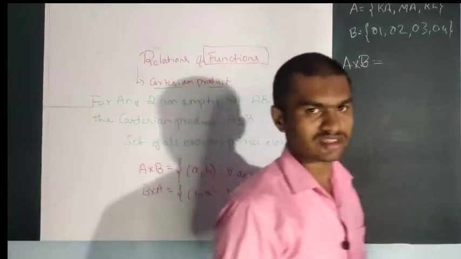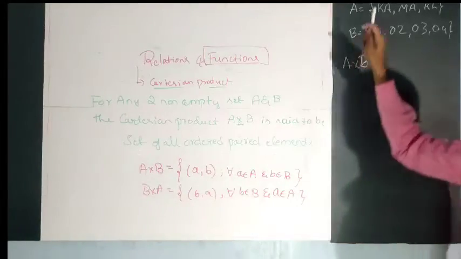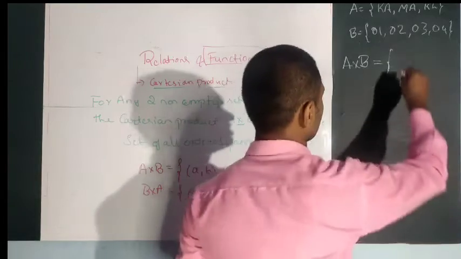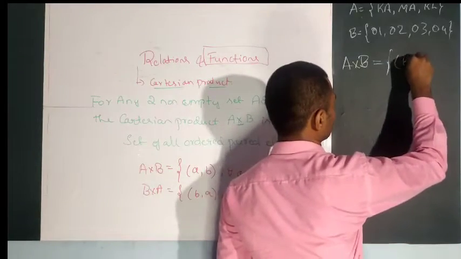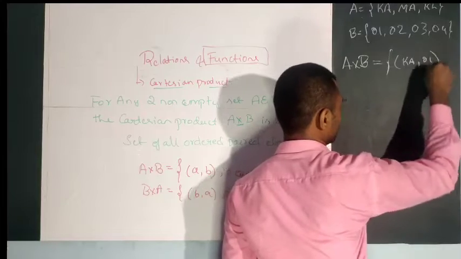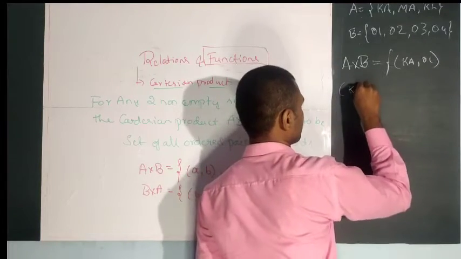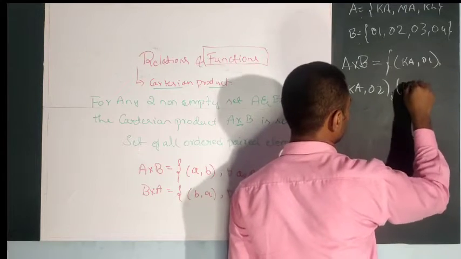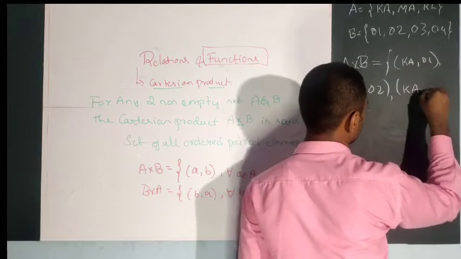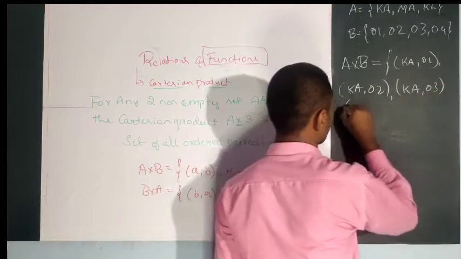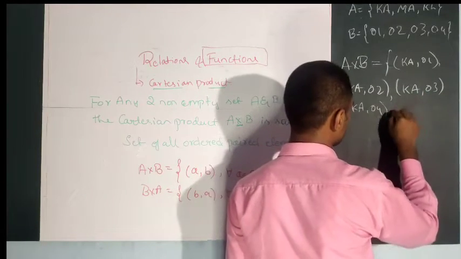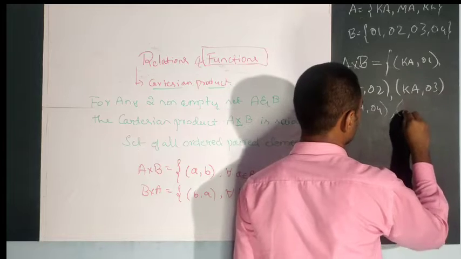So it is the set of all ordered pairs of the sets A and B, right? First is Karnataka. Karnataka with 01, Karnataka with 02 code, Karnataka with 03, and Karnataka with 04. Then Maharashtra.